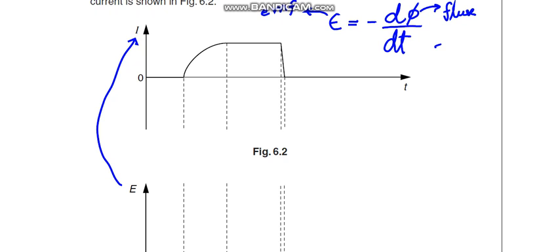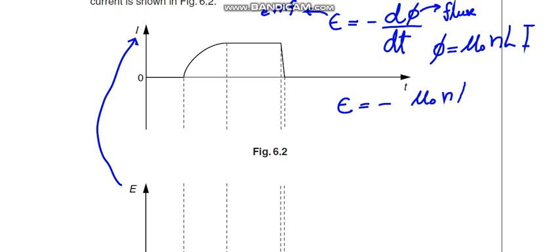The flux through a coil can be given by this formula: μ₀ n L times I. μ₀, n and L are constants, so we can write EMF as negative μ₀ n L dI/dt.